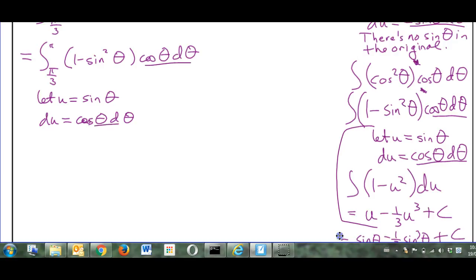But we're doing a definite integral. So when theta is equal to pi over 3, then u is equal to sine pi over 3, which is root 3 over 2.